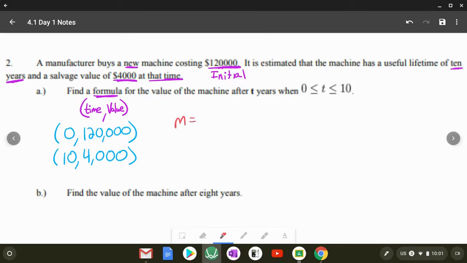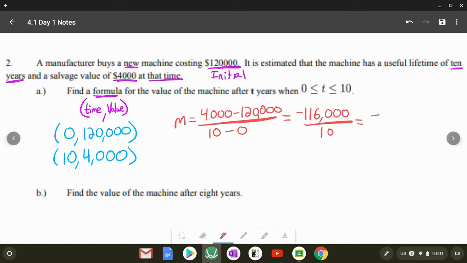In order to do that, we need the slope. The slope is 4,000 minus 120,000 divided by 10 minus 0. We get negative 116,000 over 10, and the slope would be negative 11,600.